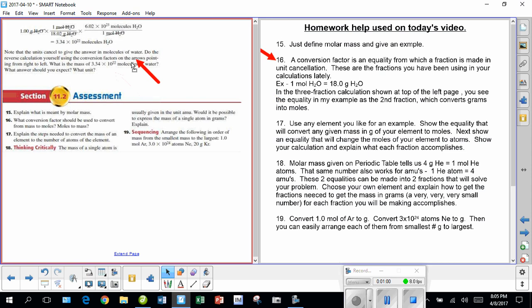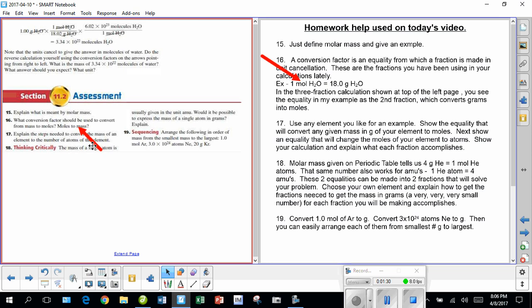So what I'm saying over on the other side in my explanation is that this equality that you see here on the right that I've used as an example has become this fraction, which we use as a conversion factor. And this takes us from grams to moles. So what we want you to do here is: what conversion factor should be used to convert from mass to moles?